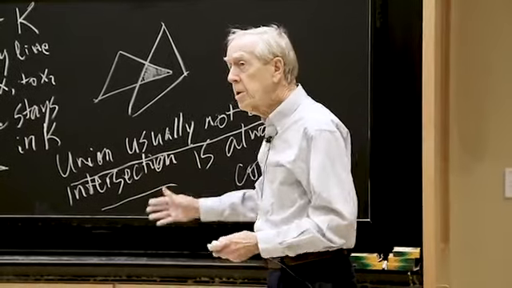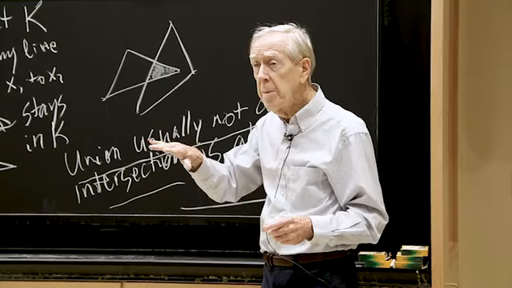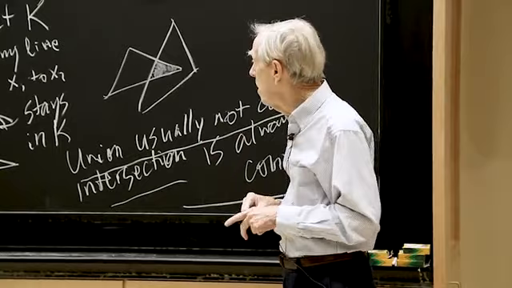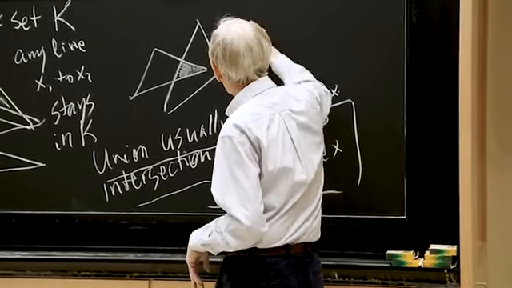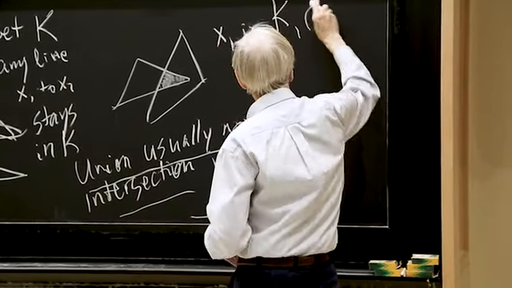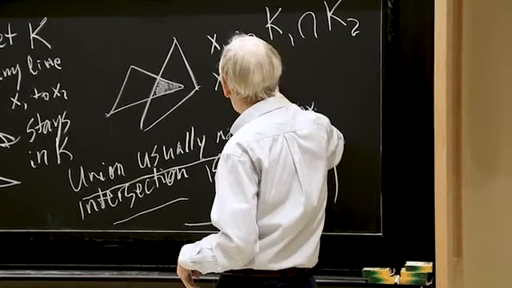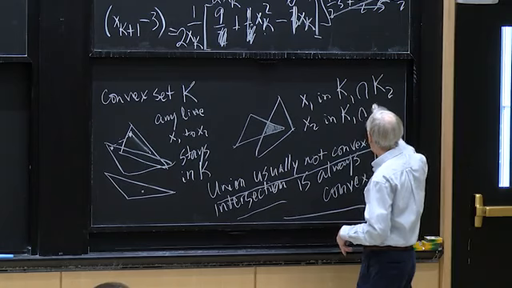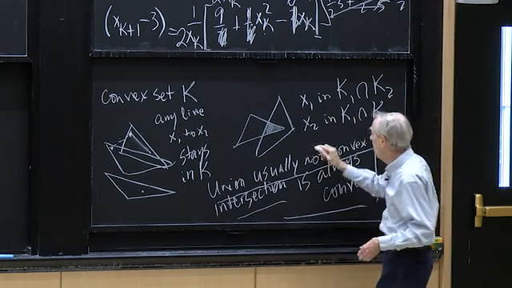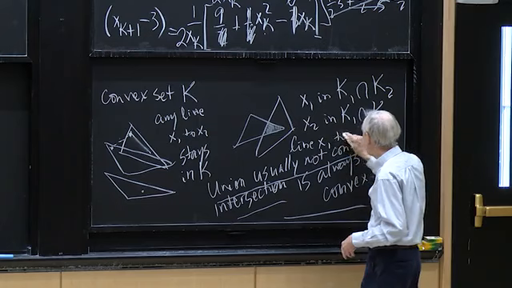You take two points in the intersection, and you want to show that the line between them is in the intersection. So take x1 in the intersection of the two sets, that's the symbol for intersection, and another point x2 in the intersection. Now we want to look at the line from x1 to x2.